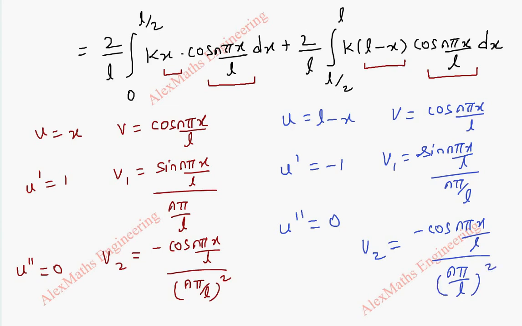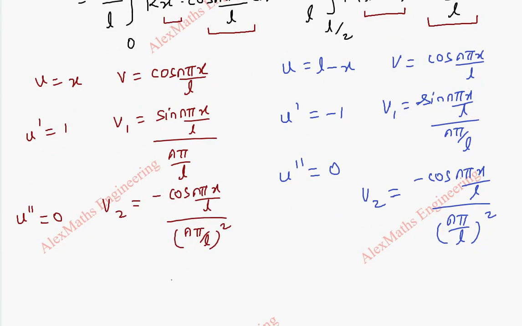Now the Bernoulli's formula is u v1 minus u dash v2 plus u double dash v3 and so on. So we are going to apply this formula.